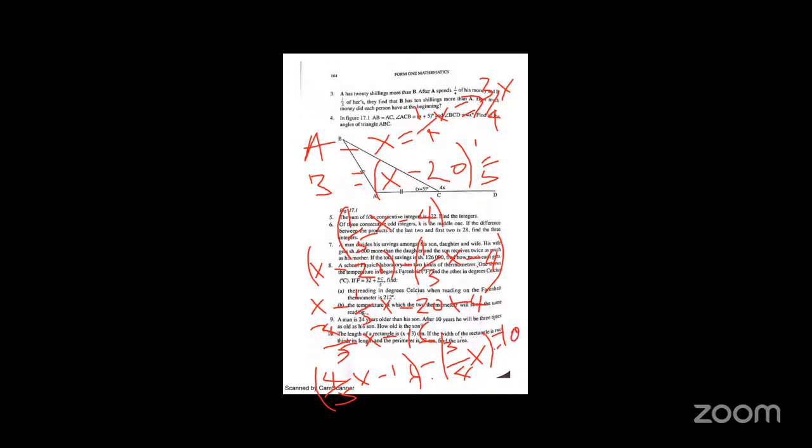Then from there, we can collect like terms together, whereby we have 4 over 5x minus 3 over 4x equals 10 plus 16.